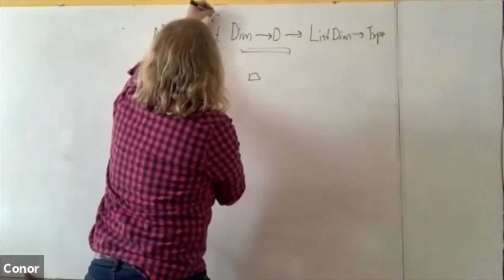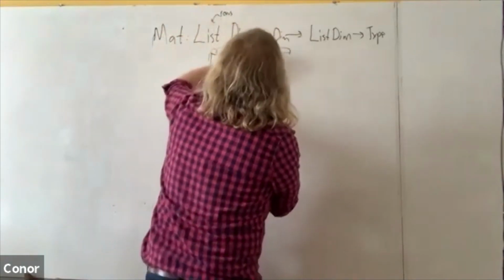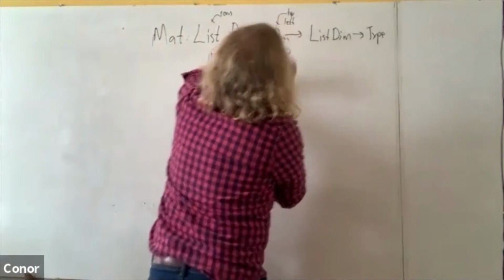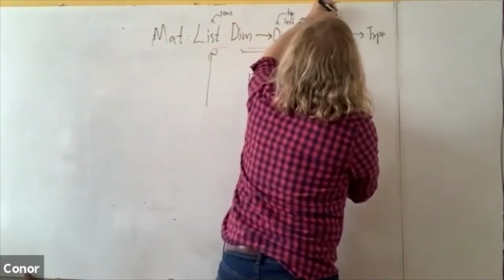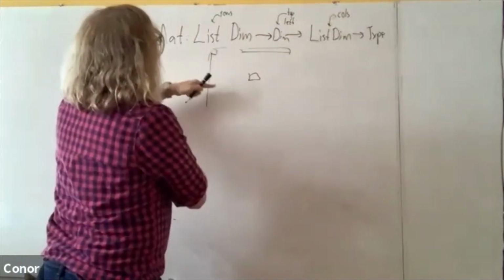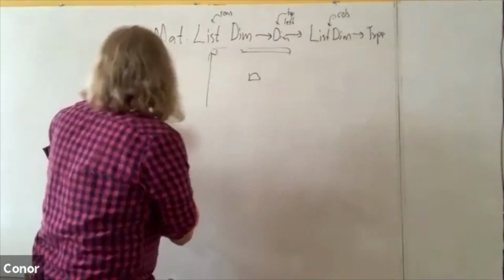So these are the rows. That should be a dim. This would be a dim, yeah. This is the top left corner. And these are the columns. So for every position here, I get it by multiplying the, let me just write it.